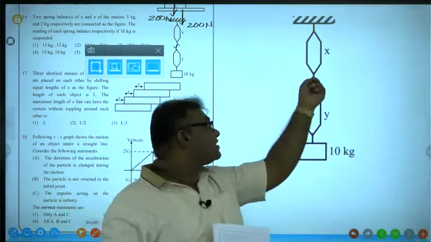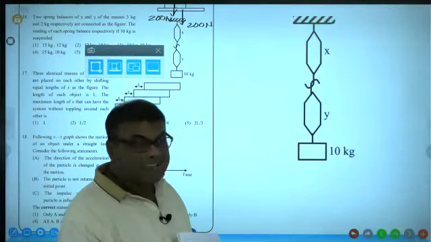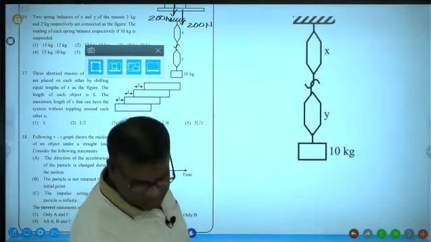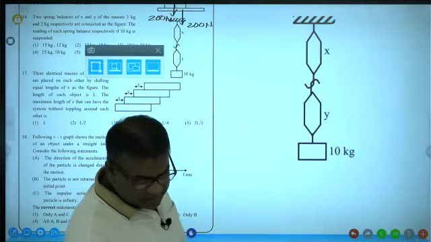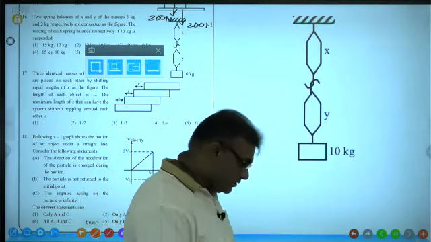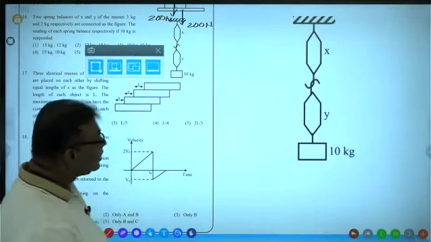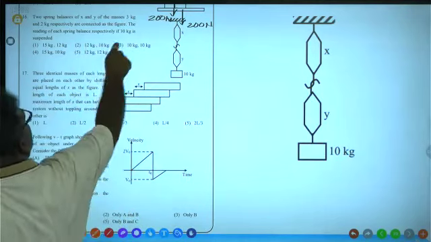The lower one has the hook at the upper position. The tension of the hook is the reading of the spring balance. Then they are connected in series. As in the figure, find the reading of each spring balance respectively, if 10 kilogram is suspended.